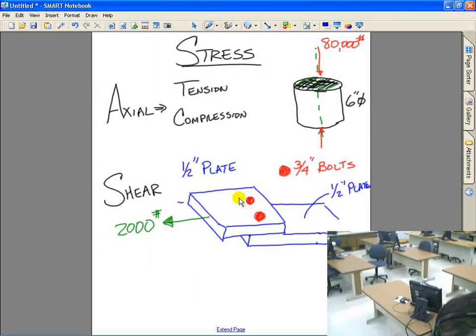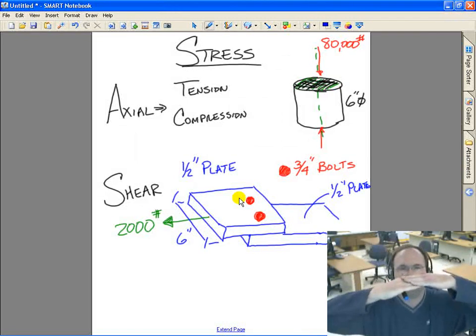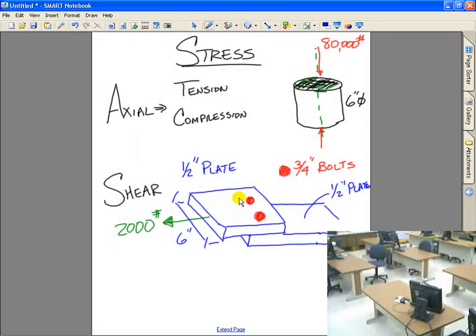And we'll say this is 6 inches wide. So we have 6 inch wide, 6 inch wide, and we're pulling on it with two bolts in the middle holding it together.